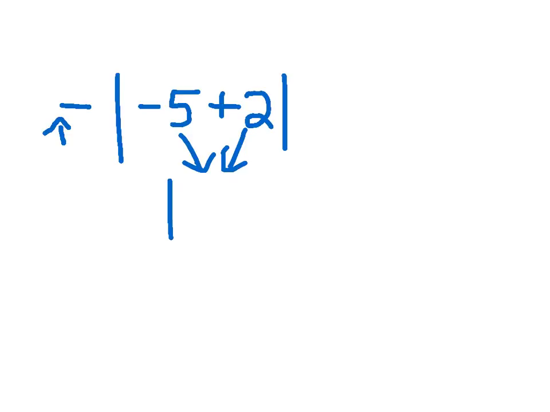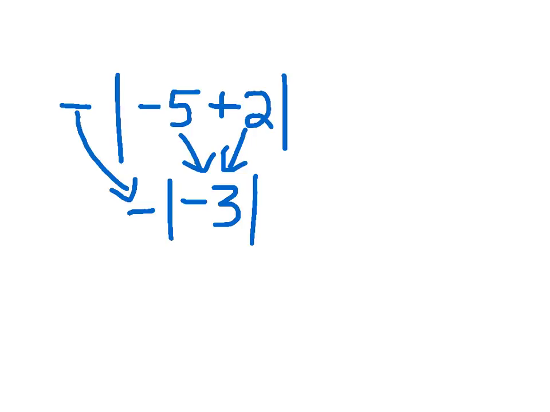The absolute value of negative 5 plus 2 is negative 3. I will bring down my negative sign because I know that I'm taking the opposite of that. So, I'm saying the opposite of the absolute value of negative 3.